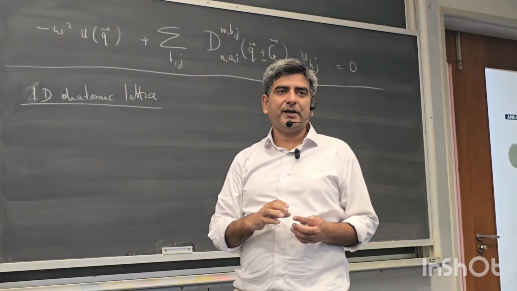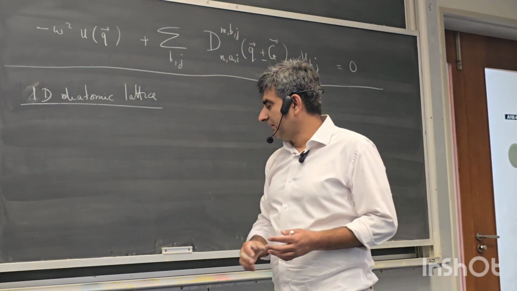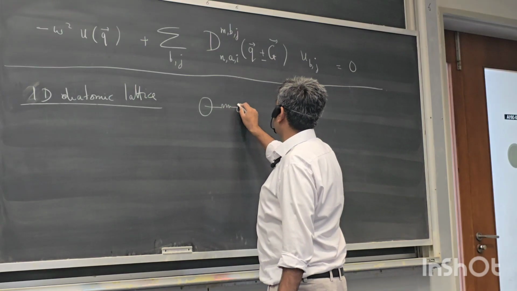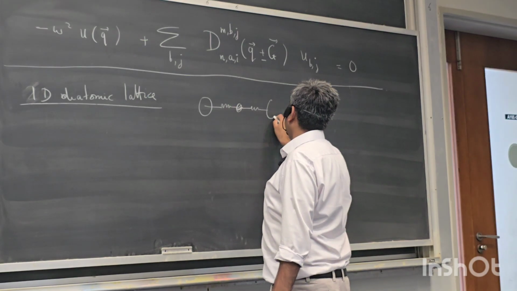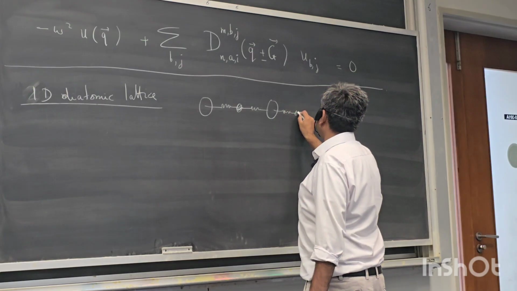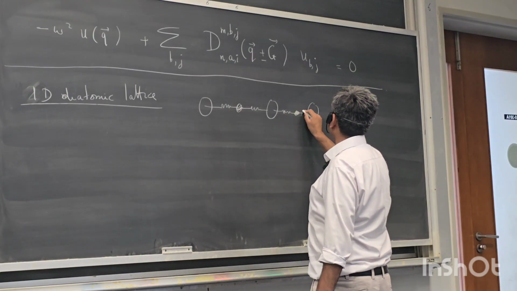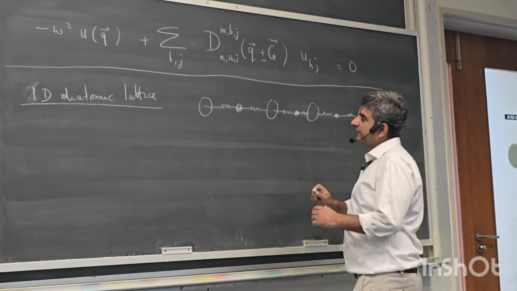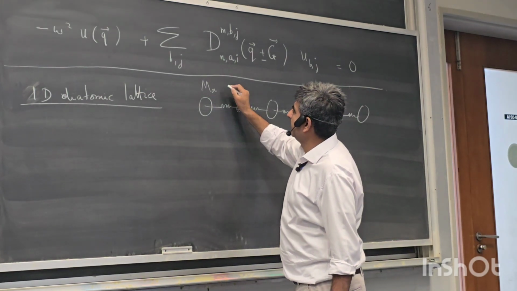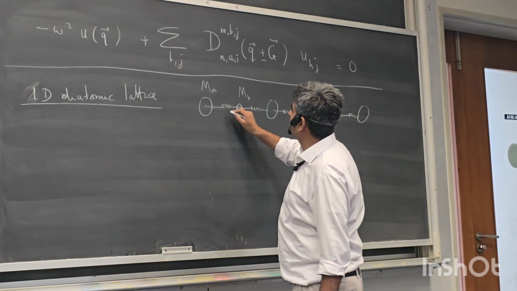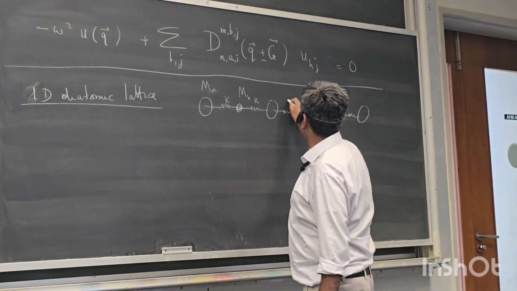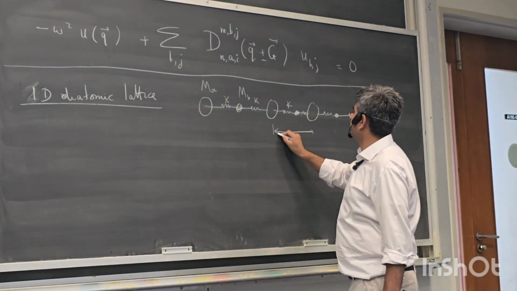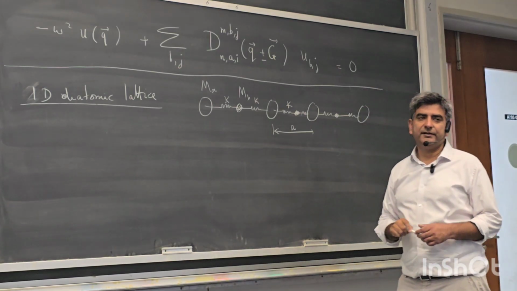So the basis will now have an A and a B. And if I were to depict this situation, two atoms, and they could have different masses, say M_A and M_B. And I also assume that these spring constants, these interactions, are the same, K. And this is my unit vector now, a, in the real space.